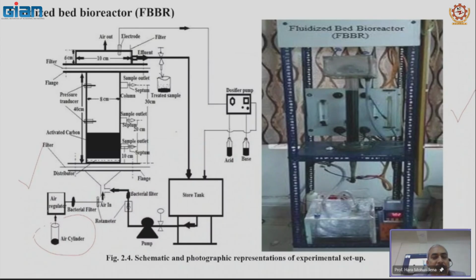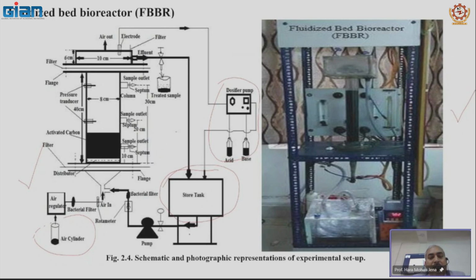Through air regulator, air is allowed to enter. Air with bacterial filter, it is allowed to enter. Then this side there is the storage tank of the wastewater, from which, to maintain the pH, acid base is added by means of a diffuser pump here.